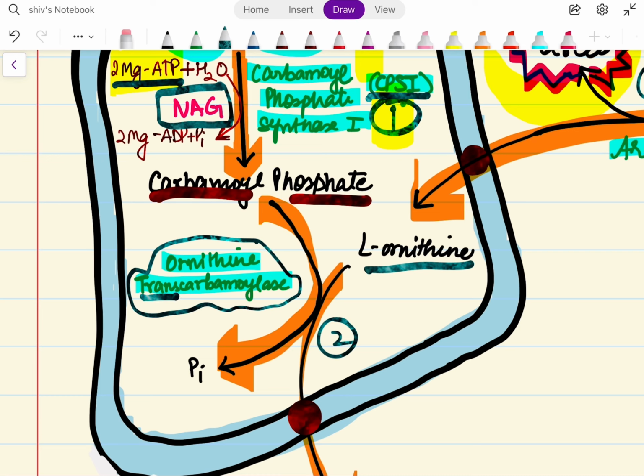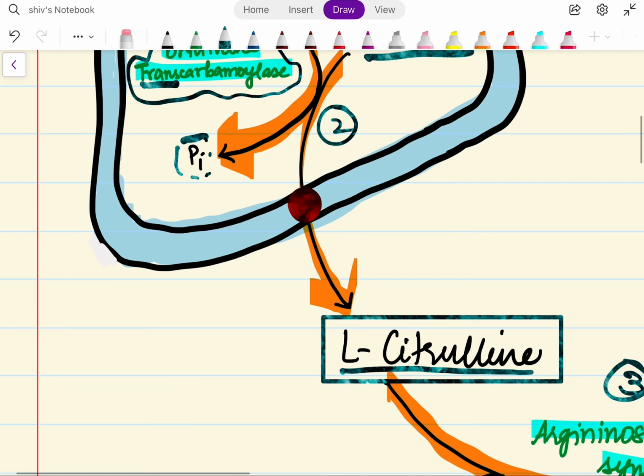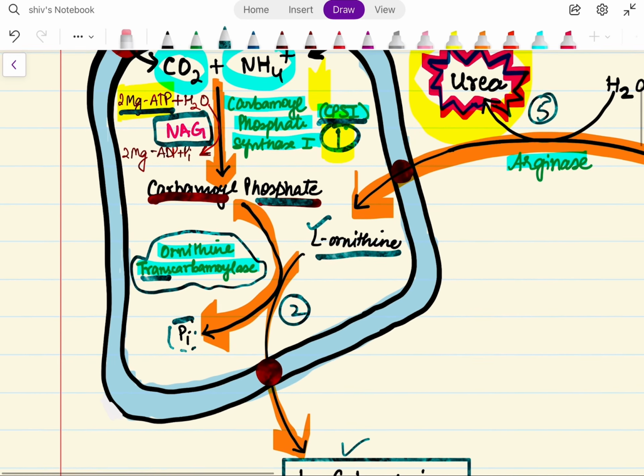Trans here is the term used for transfer. Now, what is being transferred? As you can note, the phosphate of carbamoyl phosphate is here. Basically, it is the carbamoyl group of this carbamoyl phosphate that is transferred to ornithine to form citrulline.